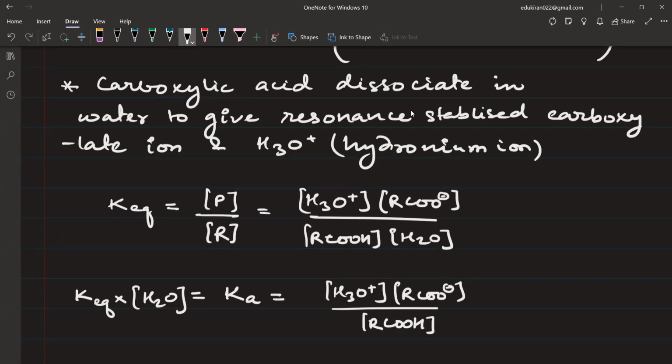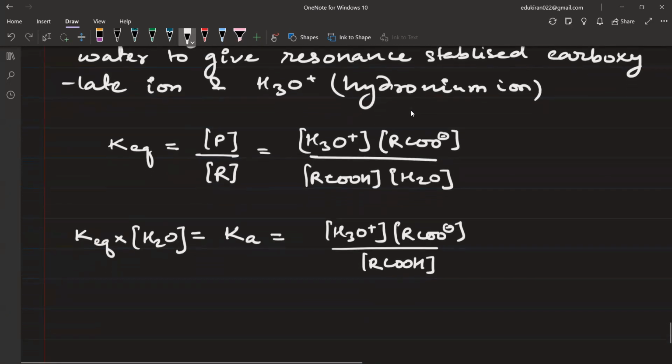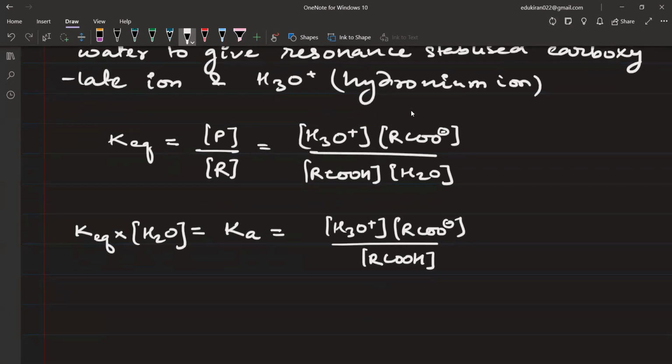Now, if the Ka is high, what does that mean? It means strong acid. Remember we are talking about Ka. It can only be possible if the numerator is higher or the denominator? Tell me guys.